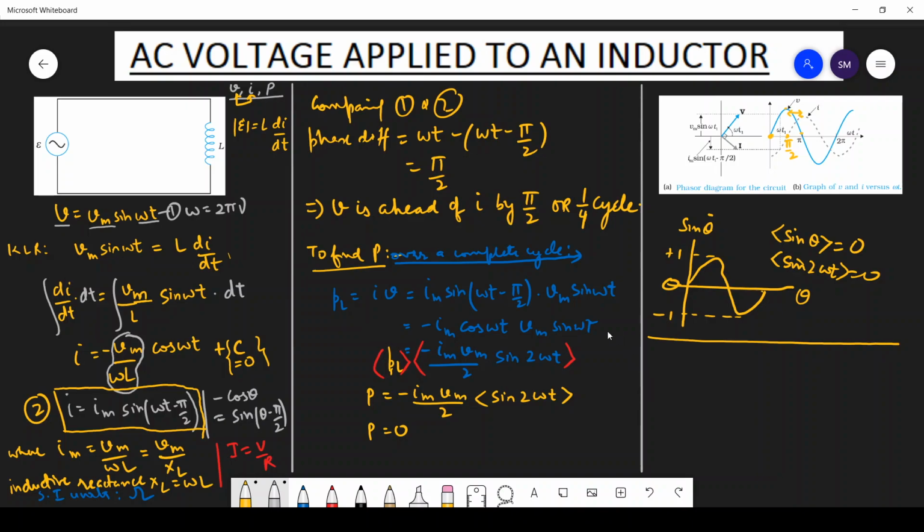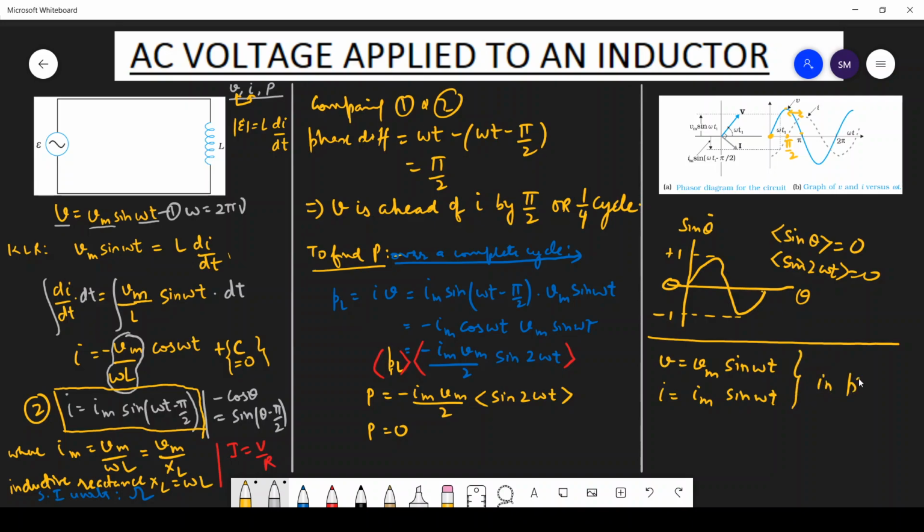So if I compare it with a resistor, the instantaneous voltage V was the same. The current was also the same, and the phase difference was 0.